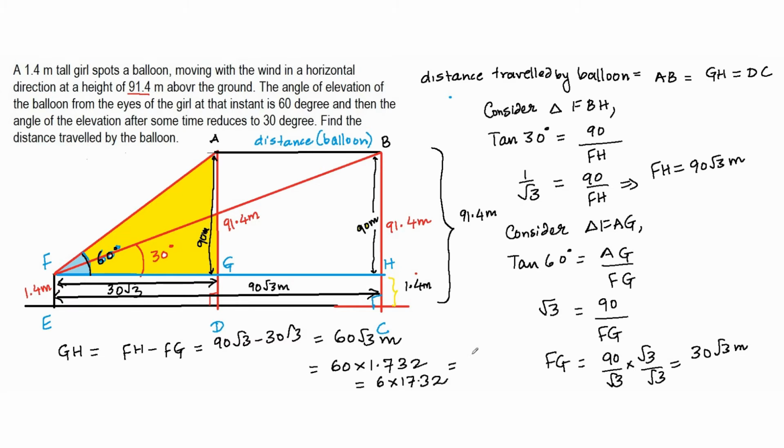And if you calculate this, this is going to be 103.92 meters. That is, this horizontal length GH is 103.92 meters, and therefore the distance traveled by the balloon is also 103.92 meters. Right? So this is how I can find the distance covered by the balloon during this particular time.